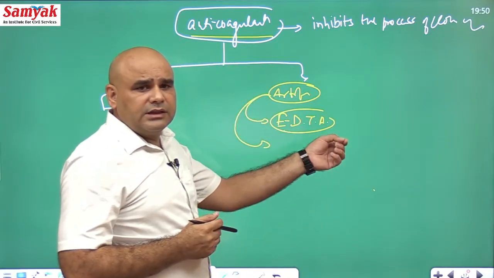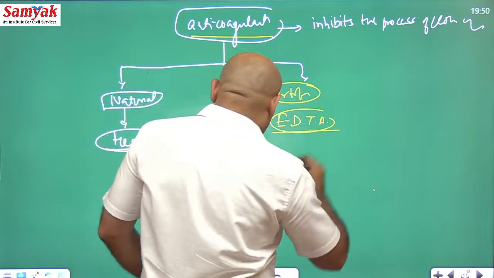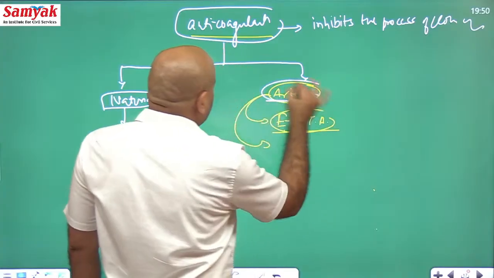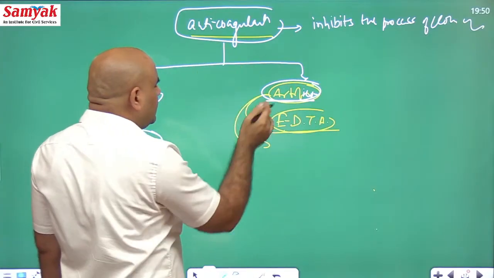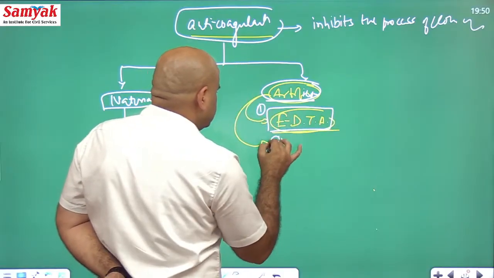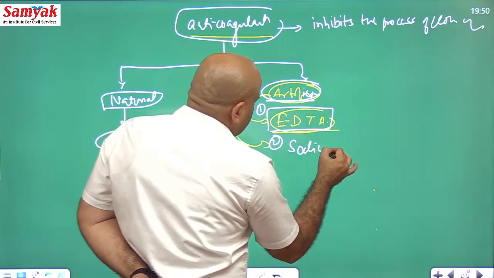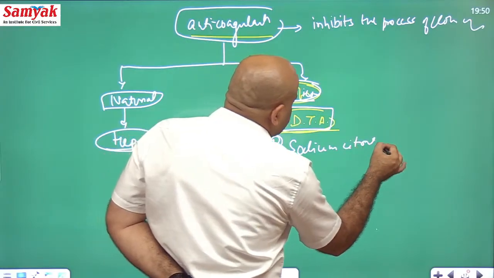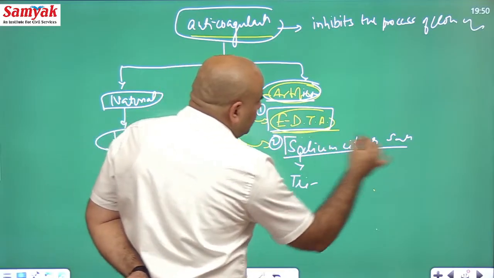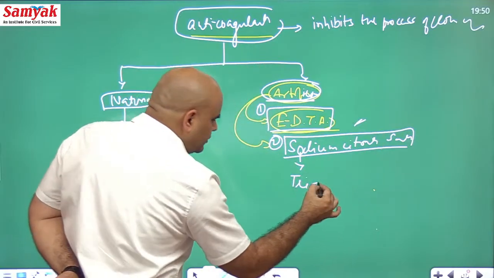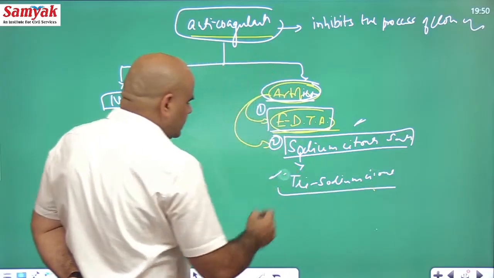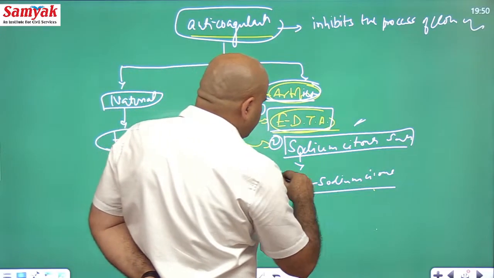Then the second example of artificial anticoagulant is sodium citrate salts. Basically, it is written in books as sodium citrate salts, but actually it is trisodium citrate. So this is one of the most popular anticoagulants.